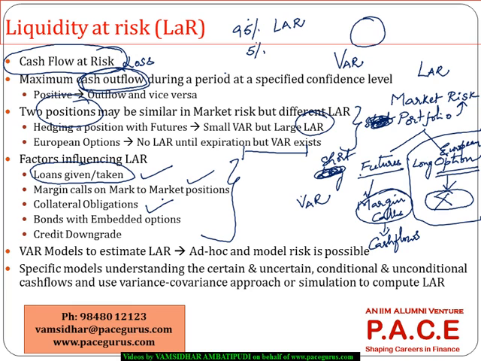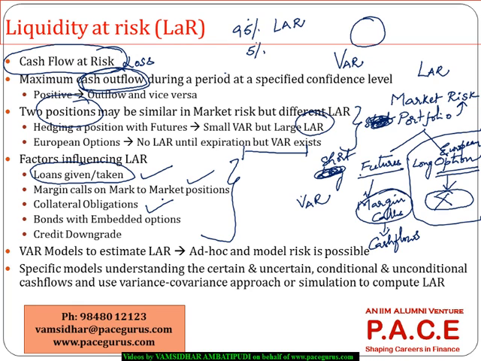Also a credit downgrade might result in more collaterals getting deposited, which could again impact the liquidity, because the bank may face a problem in terms of raising additional capital, and the whole short term liquidity crisis can come up. All these things are influencing your liquidity at risk.